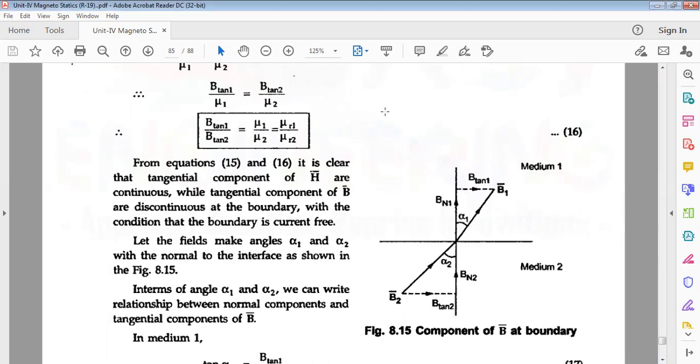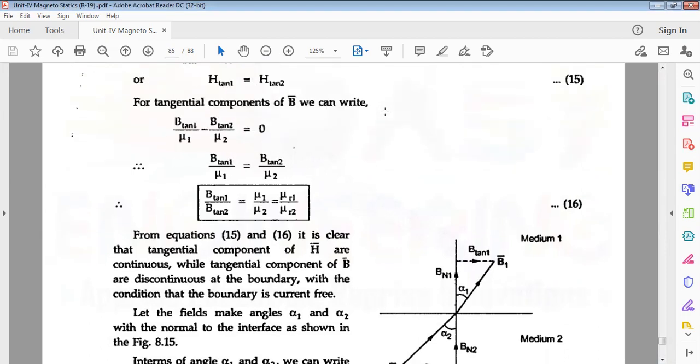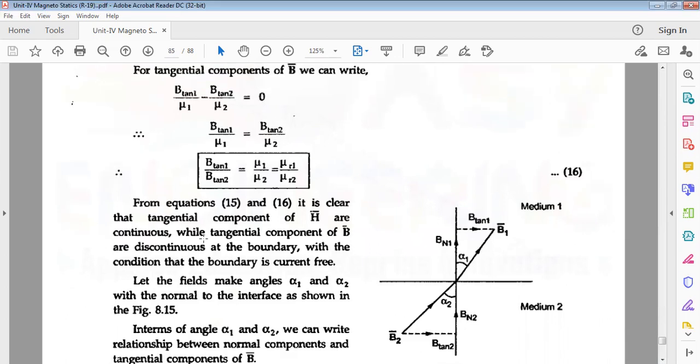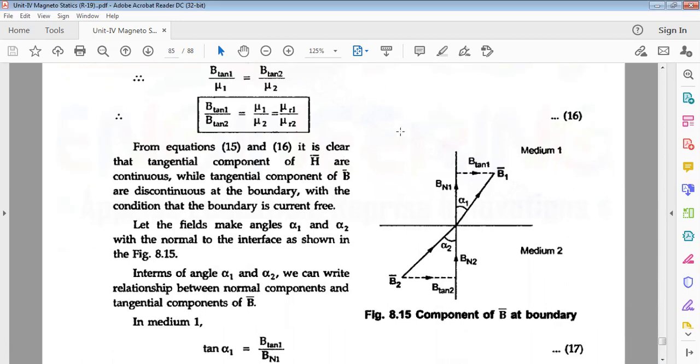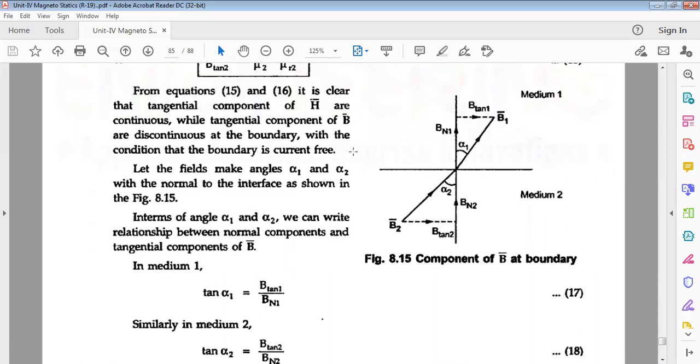When K is equal to 0 only, we can say that H tan 1 is equal to H tan 2, both are continuous, and B tan 1 and B tan 2 are discontinuous at the boundary when the current is free, K equal to 0.